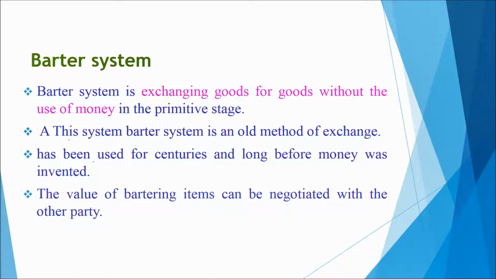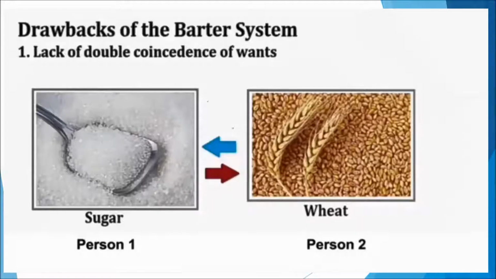So here negotiation means the two parties will discuss and finally they will come to a conclusion on the items to be exchanged. Now let's see some disadvantages or drawbacks of the barter system.